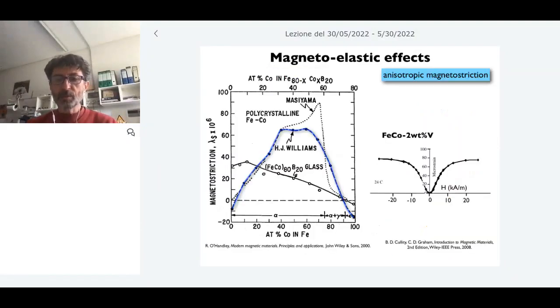So once we have said this, we can, for example, look at materials that have a large magnetostriction, possibly larger than possible. Oh, this graph is not shown well. I don't see it. Do you see it? Do you see the graph at the right-hand side? Do you see the curves? Try to do... No, eh?